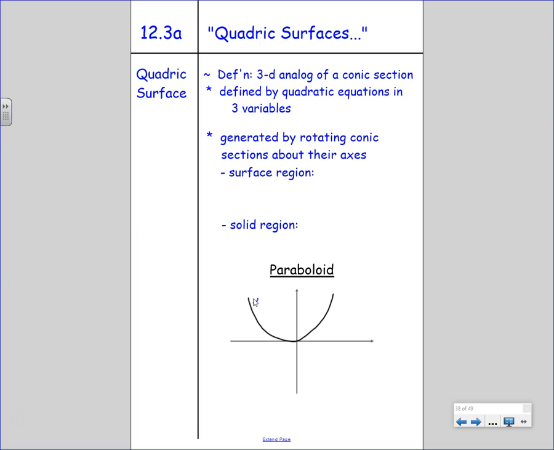A paraboloid takes a parabola and rotates it not two-dimensionally, but three-dimensionally around, ooh, we're spinning the second dimension. And when we spin the second dimension, what do we get? Oh, Mr. Horn still has it.